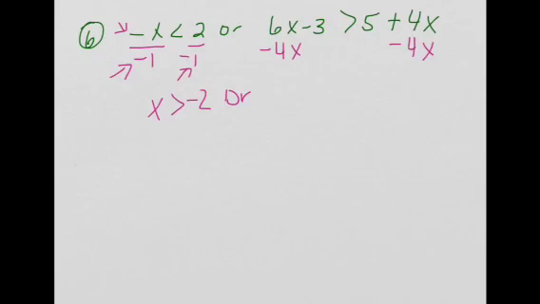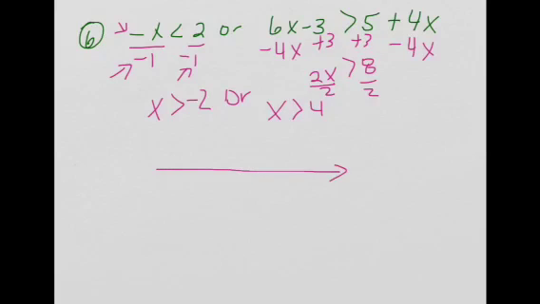And we're going to zero pair out our 3. So we have 2x is greater than 8. Divide by 2, divide by 2. X is greater than 4.